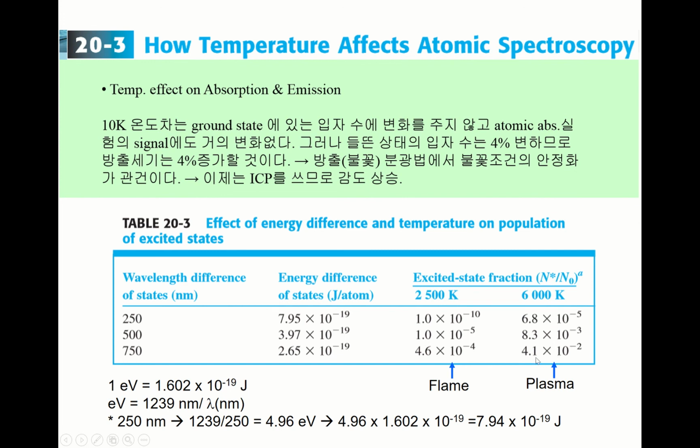This column is obtained by flame, but 6,000 Kelvin could be achieved by ICP plasma. In this case, at 6,000 Kelvin and an energy difference of 750 nanometers, the excited state population is 4.1%. This is a great number.